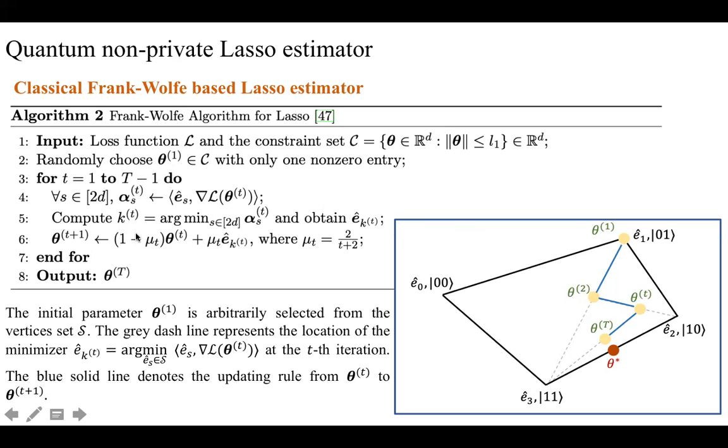When we locate this index kt, we only update the kt-th entry of the trainable parameters.